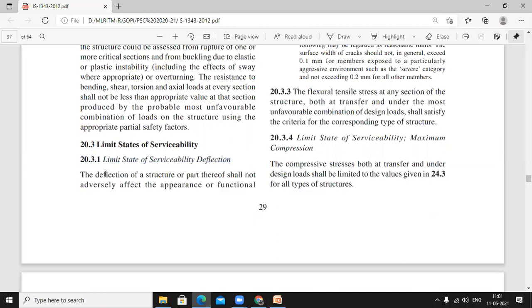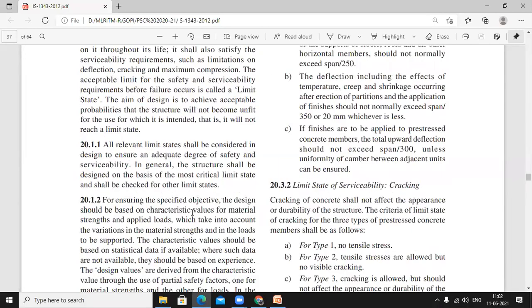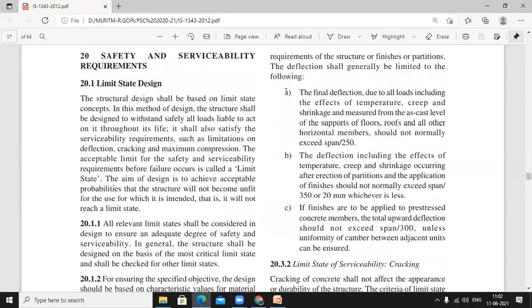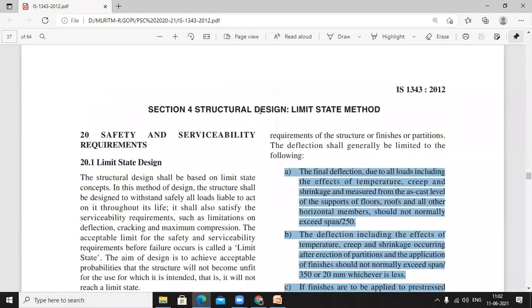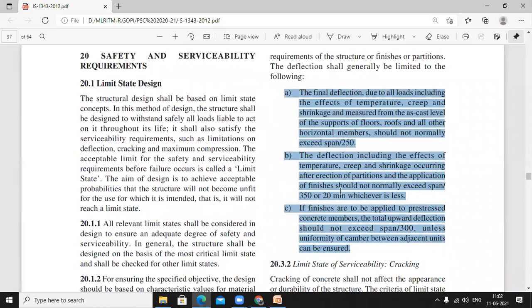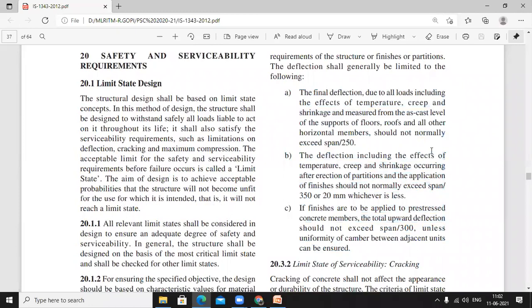You can see that they clearly mention whatever we discussed in this topic, the three points. So during examination, you can refer to this from the code book.